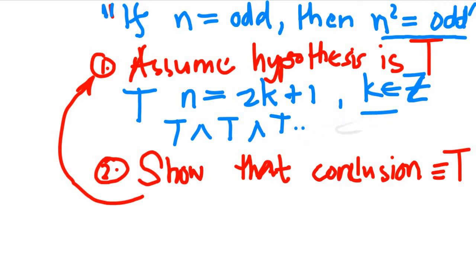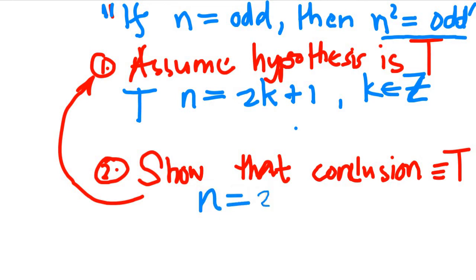So given this in mind, we are going to start with the truth. We know and we assume that n is twice k plus 1. So this is already true by assumption. Therefore, we could manipulate this using algebra now.